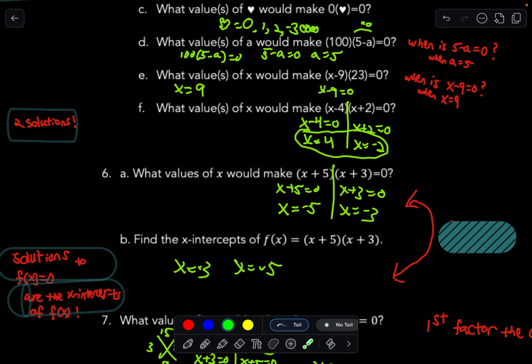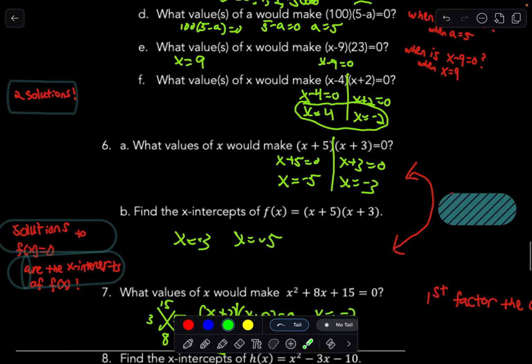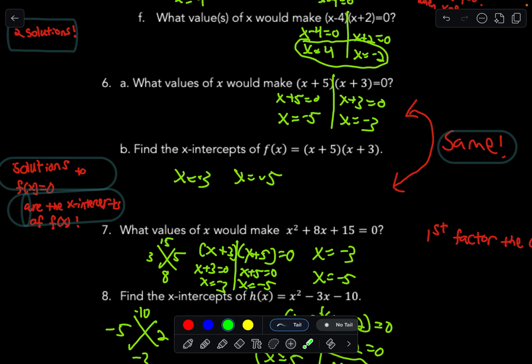That's key. To find the x-intercepts of f of x, we have to find the zeros of the function, because remember, the y value of the function, where it sits up and down vertically, is the y. So when y is 0, that's the x-intercept. Okay? So they are the same.